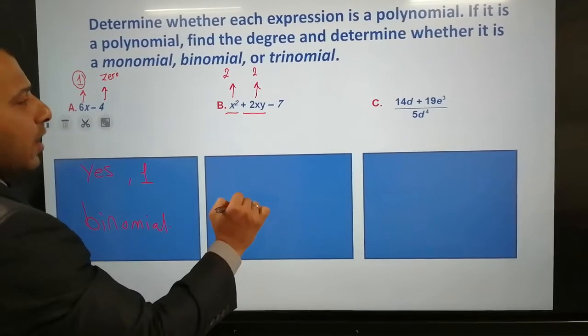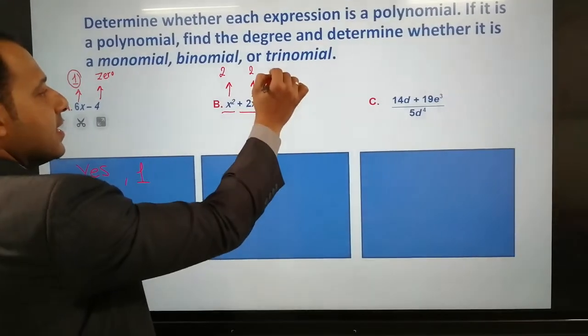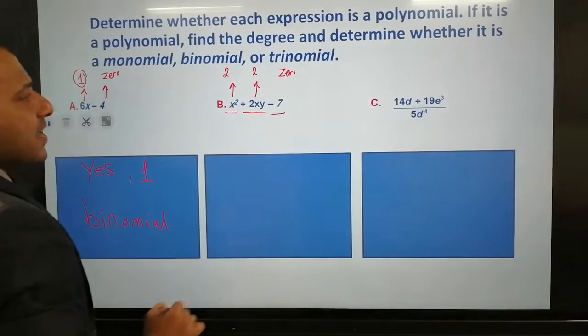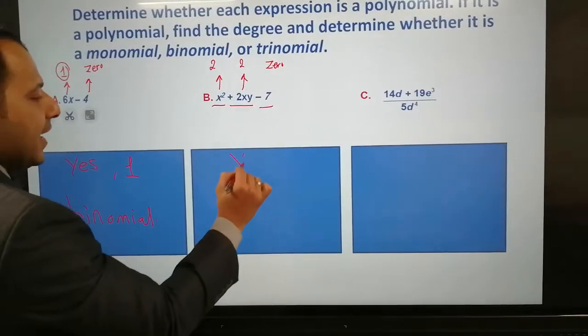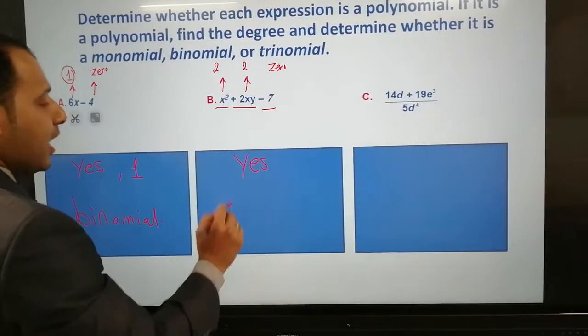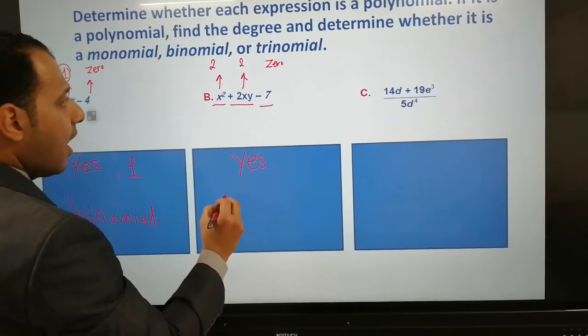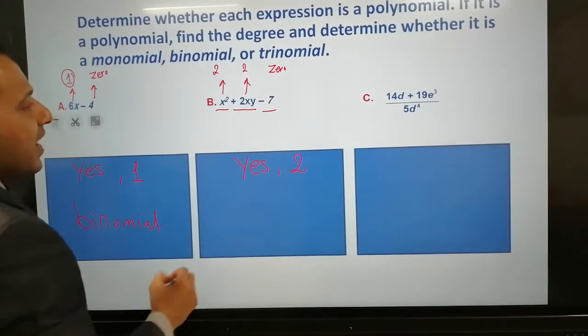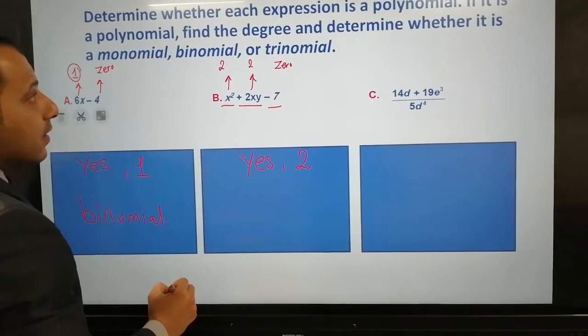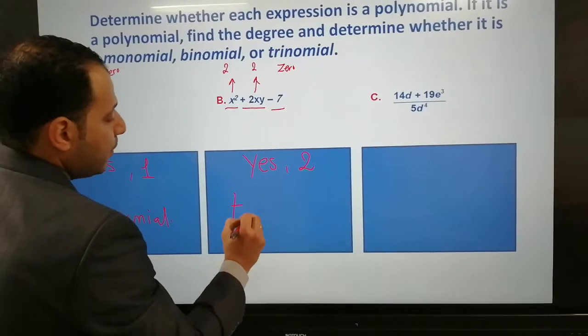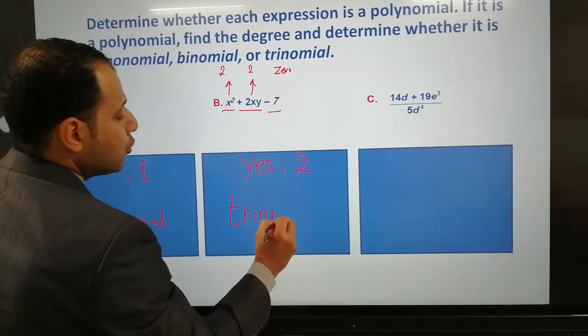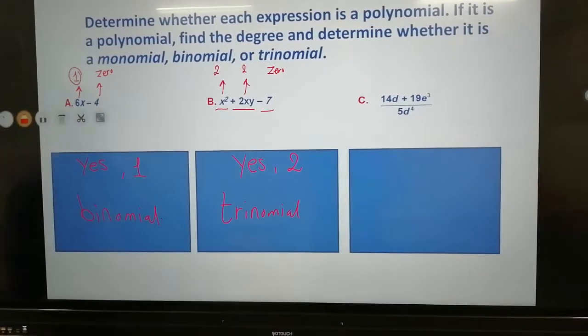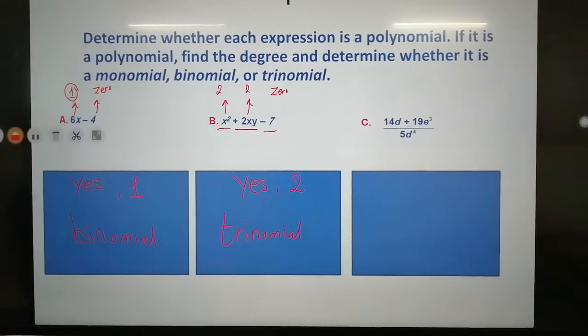So it's 2. And this is 0. So the highest degree is 2. So I can write here, this is the second degree. And it's trinomial because we have how many terms? 3 terms.